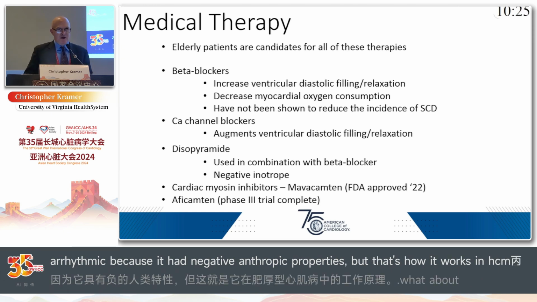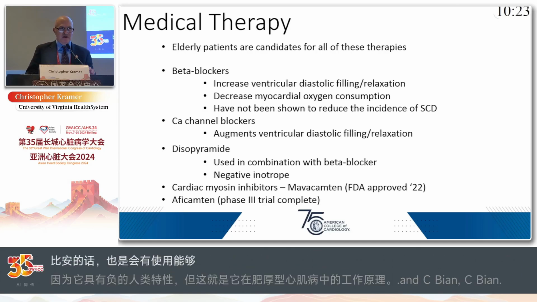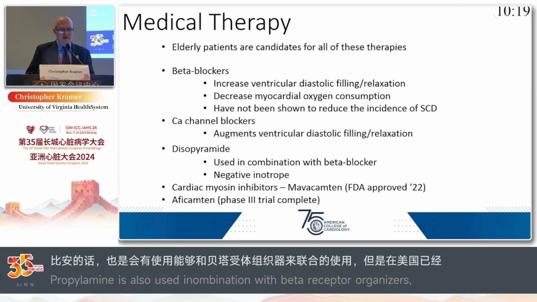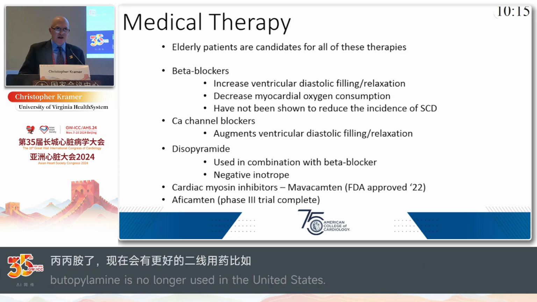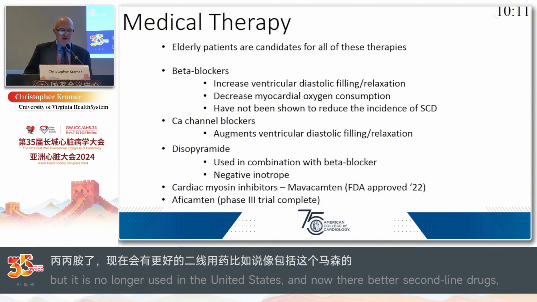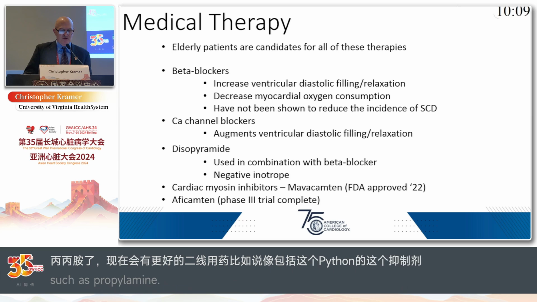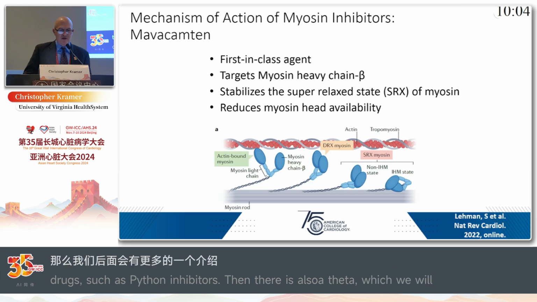But now we no longer use disopyramide in the US because we have better drugs available as second-line agents, and those are the cardiac myosin inhibitors, mavacamten or Camzyos, that was approved in 2022, and aficamten, which I'll talk about more, which will likely be approved in the US in 2025.